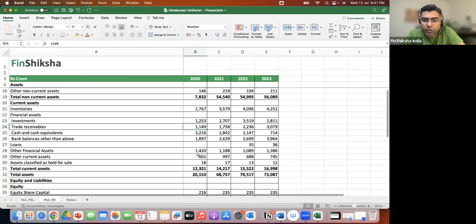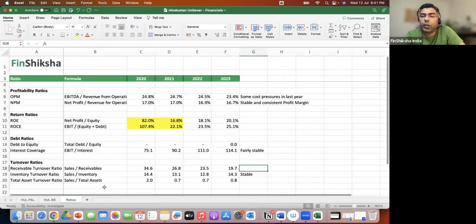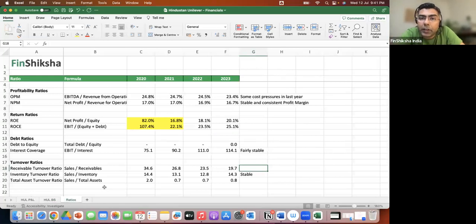Look at the receivable jump that has happened. Their channel, they're probably giving a little bit more leeway in terms of whatever they are selling, right? Could be partly because of the acquisition, could be partly because of what's really happening in the end consumer space. They want to be probably competitive, and hence that is happening. But this is something you want to kind of analyze a bit more.